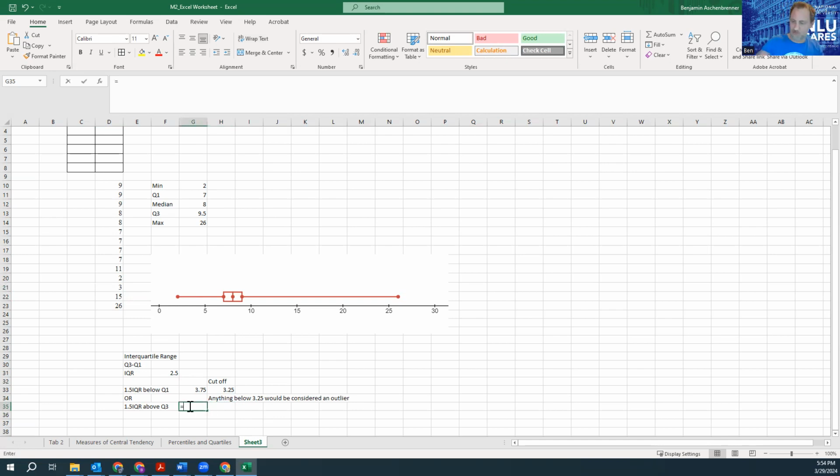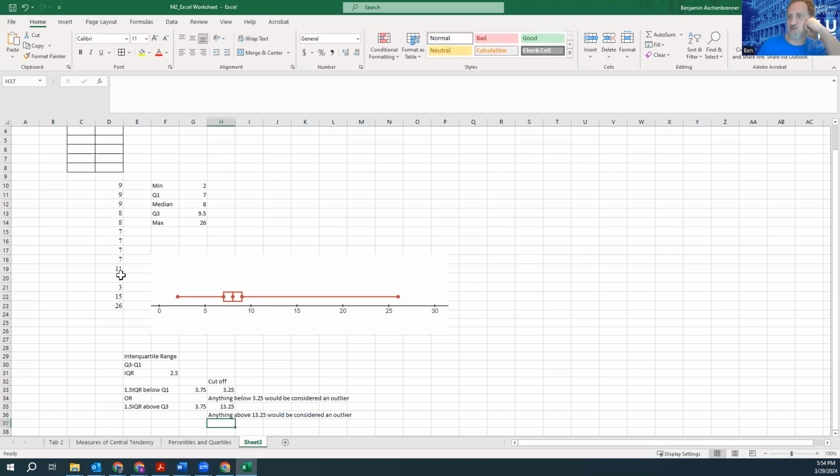1.5 IQRs above Q3. Well, I already know what 1.5 IQRs is, but I'll just do it again for fun. And then I'm going to add on equals this plus 1.5 IQRs. And so we're at 13.25. So the 11 is not an outlier. Anything above 13.25 would be considered an outlier.